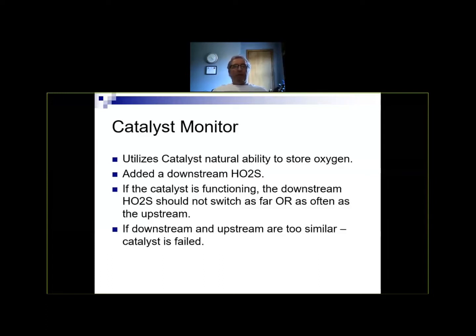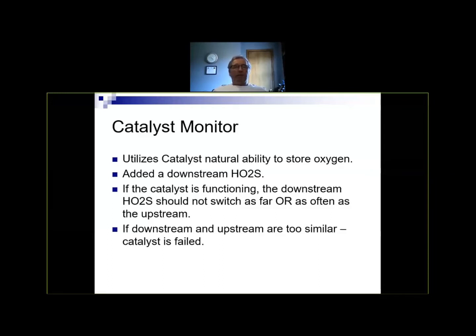And because that catalytic converter stores excess oxygen and then releases it when there's not excess oxygen, it kind of has the effect of dampening, almost like a shock absorber, just kind of flattening out the oxygen level in the exhaust stream behind the catalytic converter. So a couple ways that this catalyst monitor can work. One, it can compare what's going on upstream to what's going on downstream.